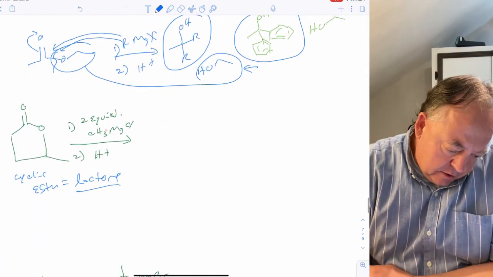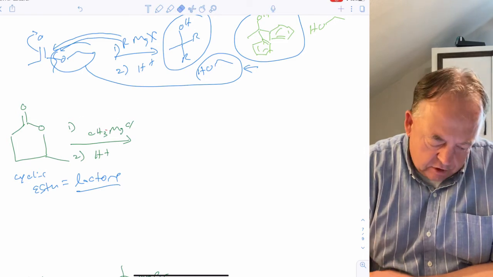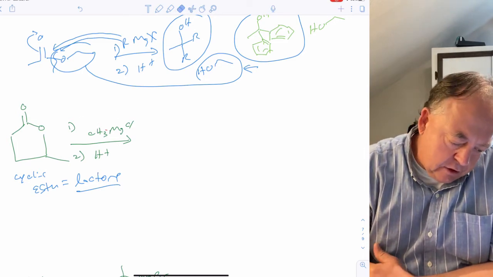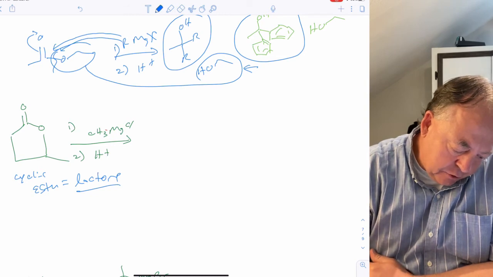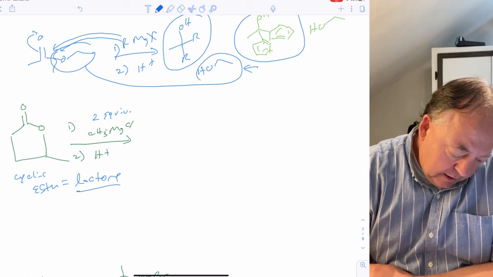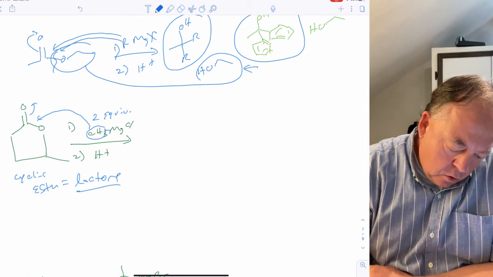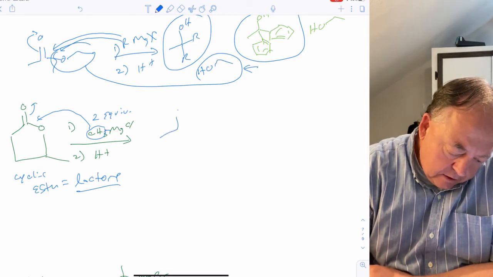So same thing here. So maybe I show two equivalents here to try to clue you in, or maybe I just expect you to recognize that you need two equivalents of that. So what's going to happen here, first of all, one of these is going to attack here and make that a C-O minus.